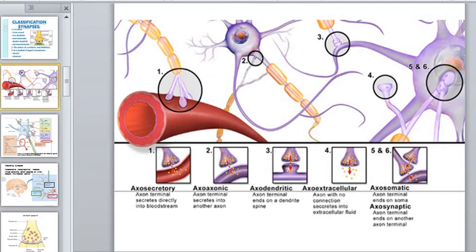Axoaxonic, where the axon of one neuron connects to the axon of another neuron. Usually these are inhibitory synapses. Dendrodendritic, for example, where dendrites connect between two different neurons.